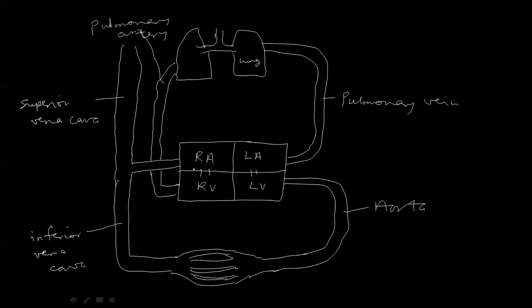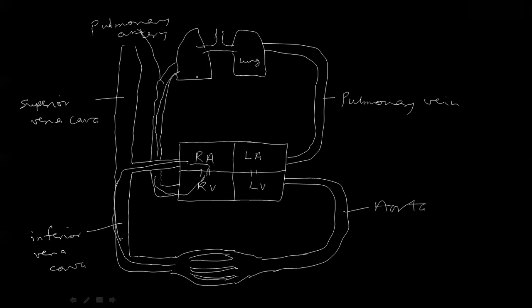Okay, good. So quickly, as I said, the blood flows from different parts of the body, that's the deoxygenated blood, through the inferior vena cava into the right atrium. From the right atrium, it goes through the tricuspid valve, and then the ventricle pumps the blood through the pulmonary artery, and then the pulmonary artery takes the blood to the lungs.